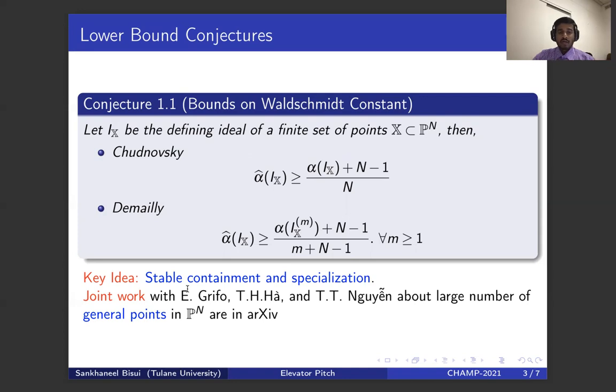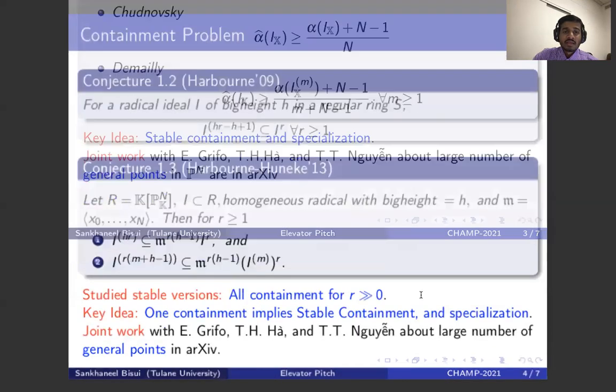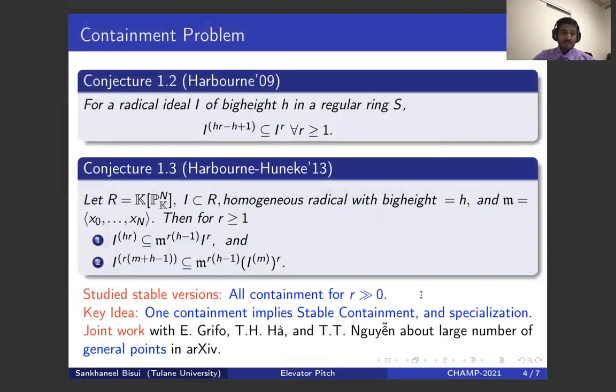All our joint work with Eloisa Grifo, Tai Ha, and Thai Ngoc Nguyen is on arXiv. The containment problem asks which symbolic power of an ideal sits inside which ordinary power of the ideal. Harbourne conjectured that for an ideal with big height h, the (hr minus h plus 1)-th symbolic power sits inside the r-th ordinary power of the ideal.